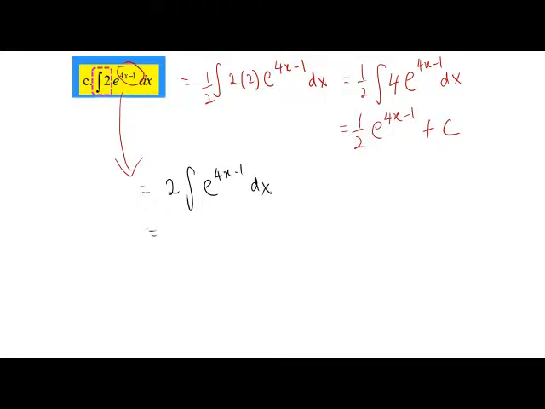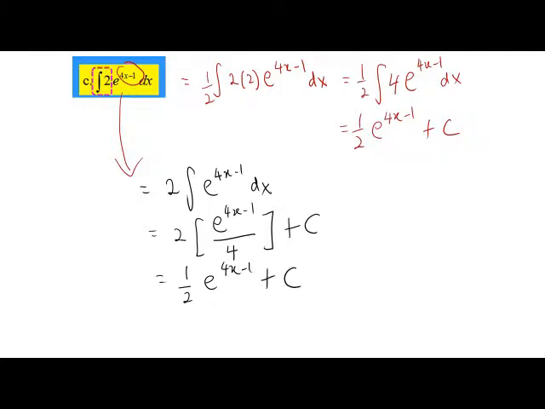And then it will be 2 exponent 4x minus 1. When we integrate, we're going to have exponent 4x minus 1 divided by 4x minus 1. When we differentiate, we're going to have 4. So divided by 4 plus c. So our answer should be half exponent 4x minus 1 plus c.